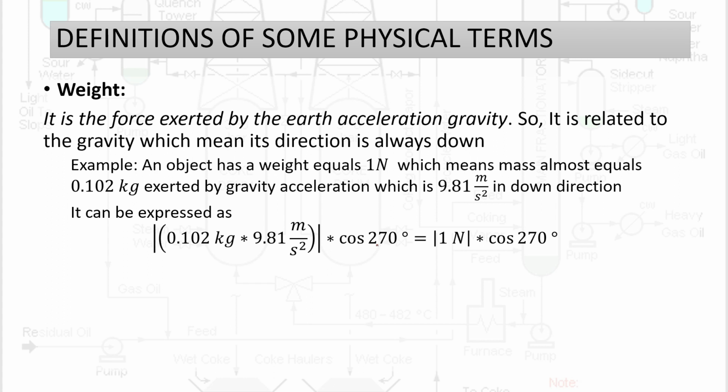So this multiplication gives me 1 Newton, multiplied by cosine 270 degree. Of course, if I apply it, it becomes -1. So the direction here is in the y-axis, but on the negative side of the y-axis.